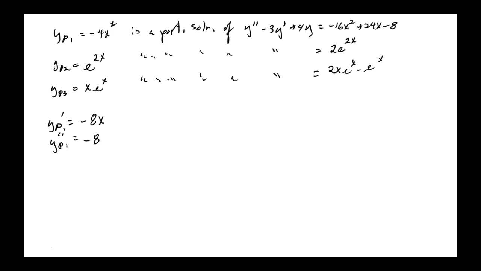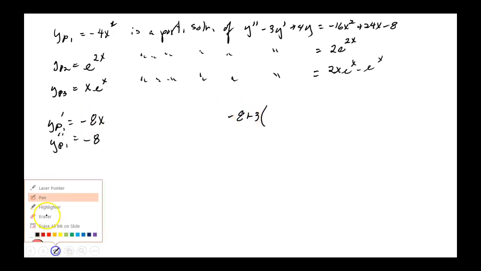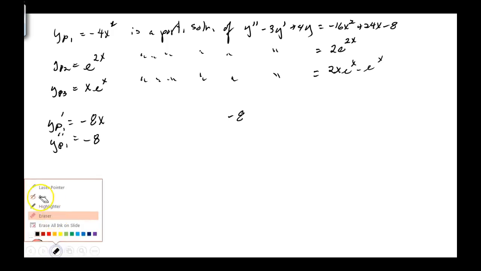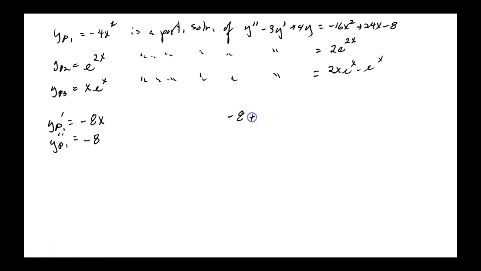Okay, so let's plug that in here. This would be negative 8 minus 3 times negative 8x, that'd be plus 24x. Okay, so that plus 24x, right?